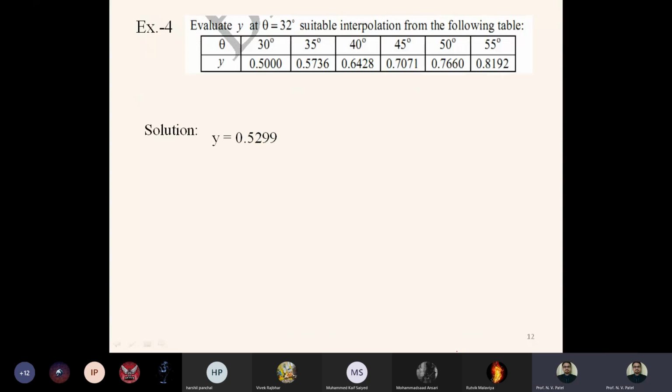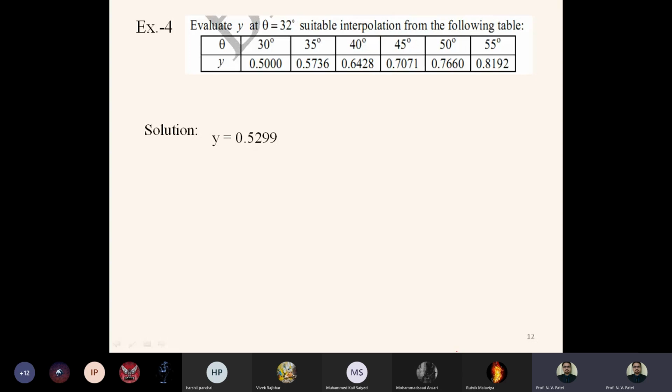That example number 4 is for practice. Evaluate y at theta is equal to 32 by a suitable interpolation formula from the given table. So theta values are 30, 35, 40, 45, 50 and 55.